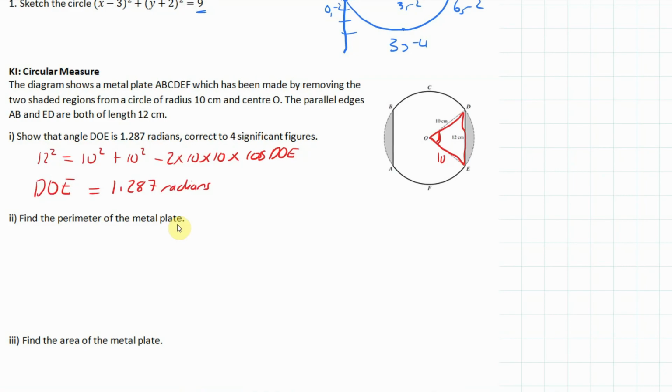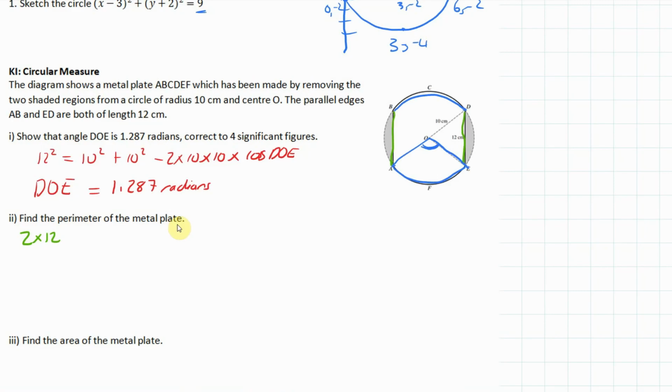So there you go. Okay, now the next one we're trying to find the perimeter of the metal plate. So the metal plate is made up of these two green edges here, which we know are 12. So you can go 2 times 12. But then we've got to get these blue edges here. So essentially what we're trying to do is find the arc length of this.